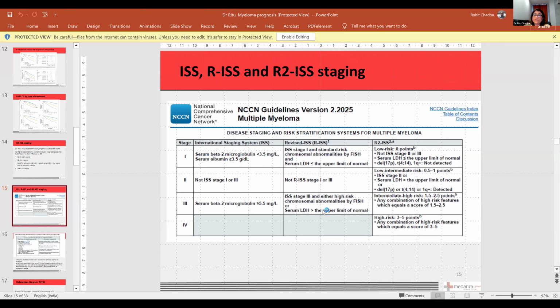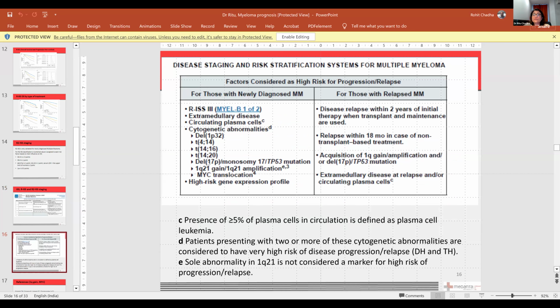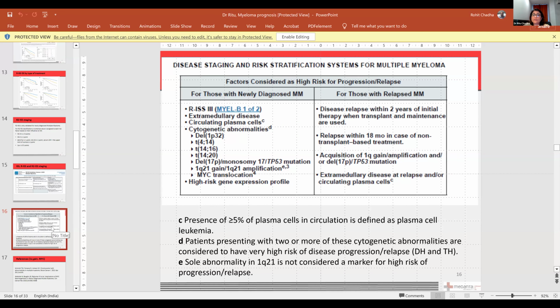So if cytogenetics are not available in low-resource settings, then LDH itself is also a robust marker. But for clinical trials, it is recommended to use RISS. However, a lot of centers, like ours, are now using RISS. I will come to this a bit later.